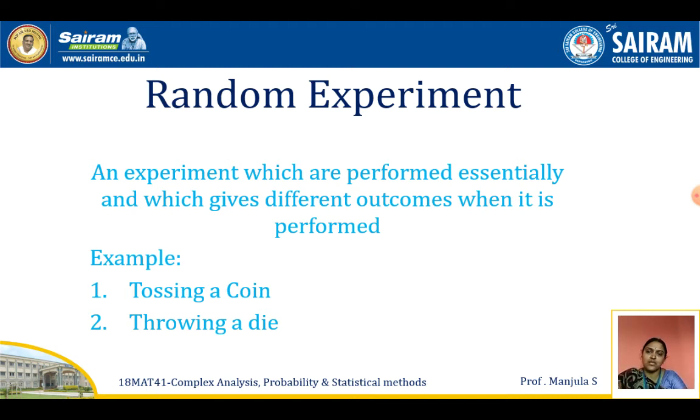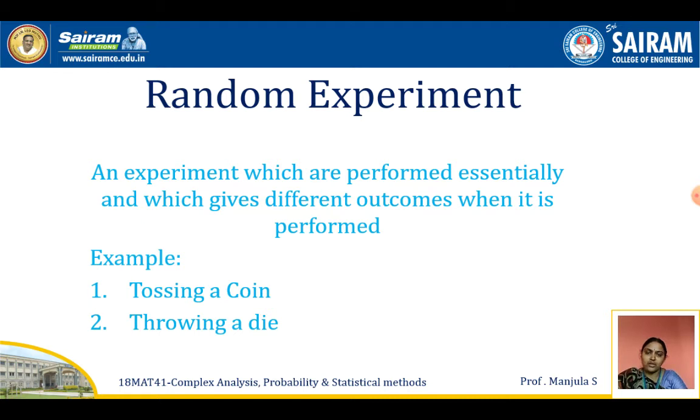For example, the first example is tossing a coin. A coin contains two faces, one is head and the other is tail. If you toss a coin, you may get two solutions: it may be a head or it may be a tail. Both chances are there.